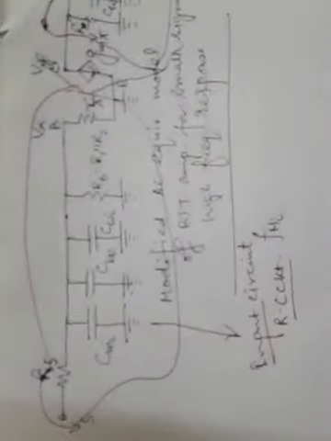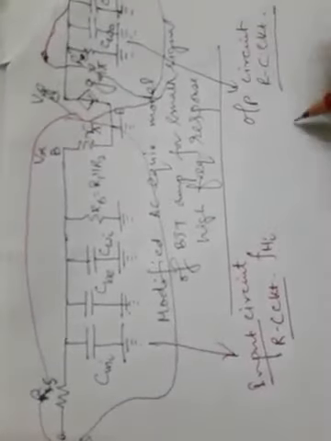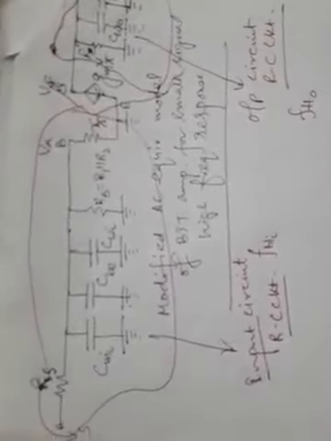Excluding the source, all these capacitors and resistors on this side form the output circuit. This is also another RC circuit, and from here we may get another frequency, FHO. So solving the two RC circuit combinations, we will get FHI and FHO, that is, two values of upper cutoff frequency.